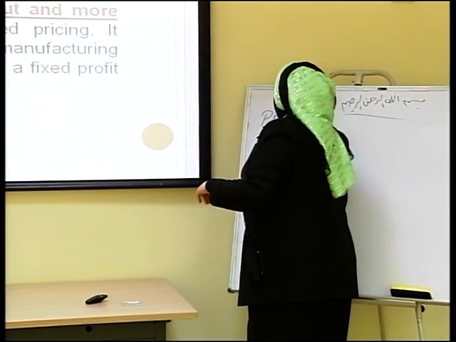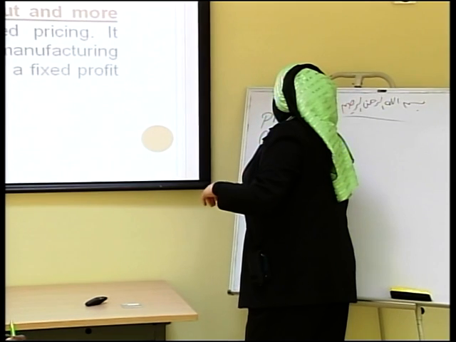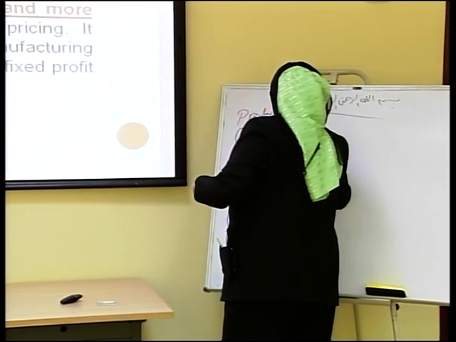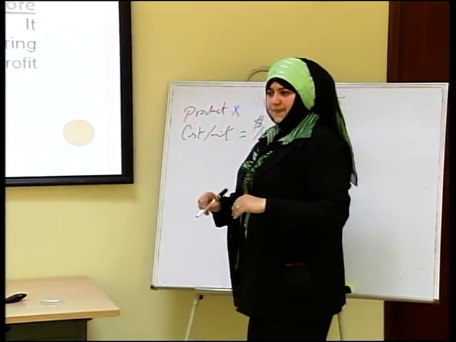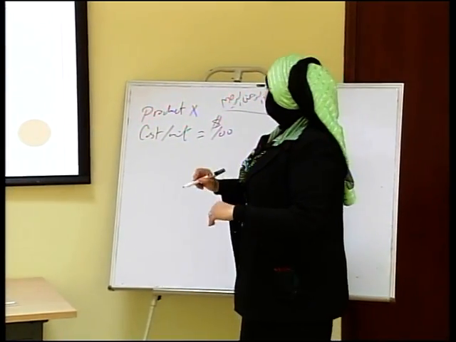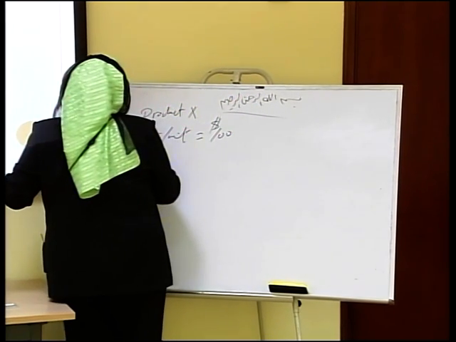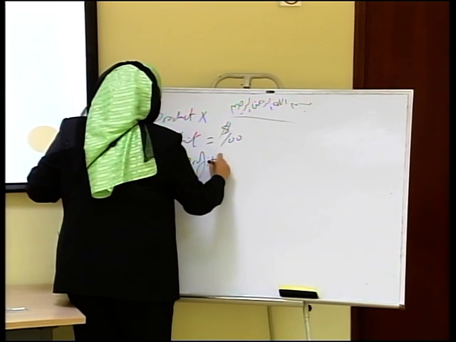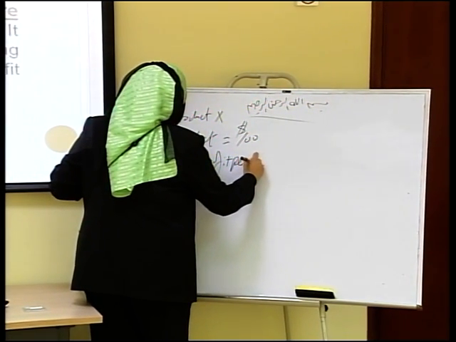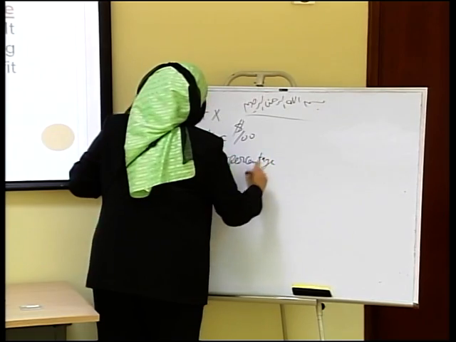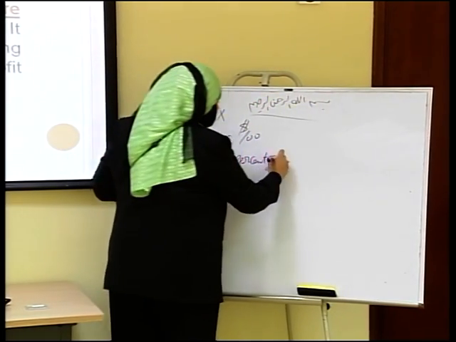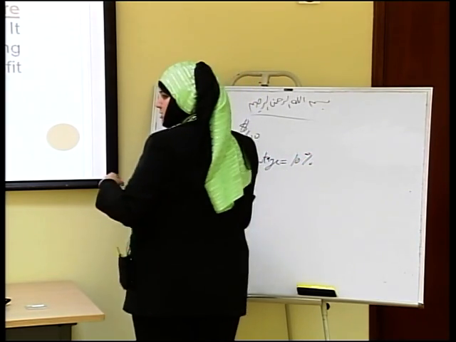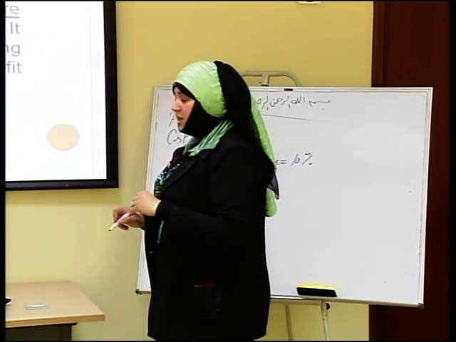The cost per unit of product is $100. Clear? And the fixed profit percentage that the company would like to add to the cost is 10% of the cost.